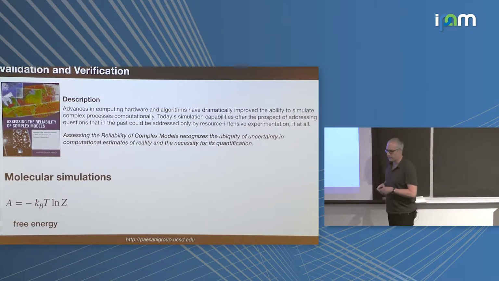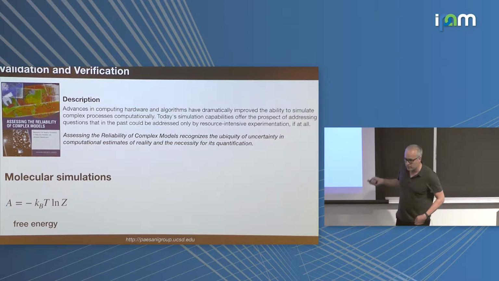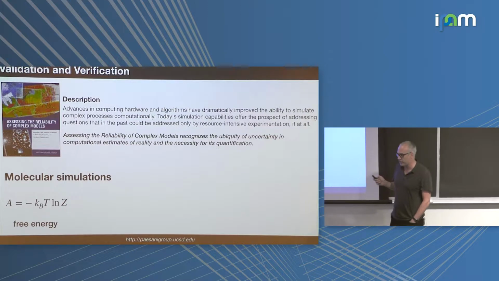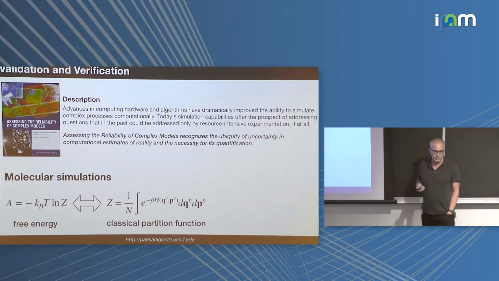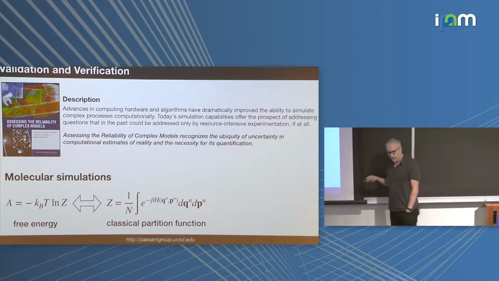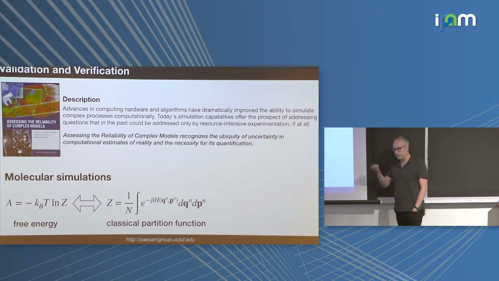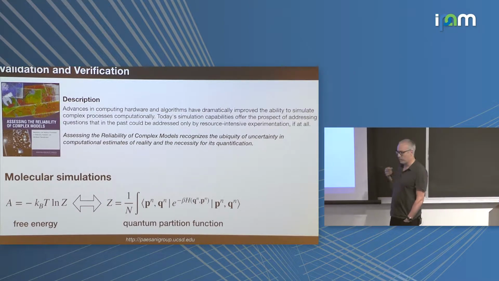And so if you think about molecular simulations, essentially what we are trying to do is to sample a distribution from some partition function, depending on the ensemble that you are working on. And of course, if you are in the classical regime, you are going to use an expression for the partition function that is like this. But we know close to our heart that nature is not really classical. Classical is a limit of what is a quantum world. And so in reality, we should use a quantum partition function.